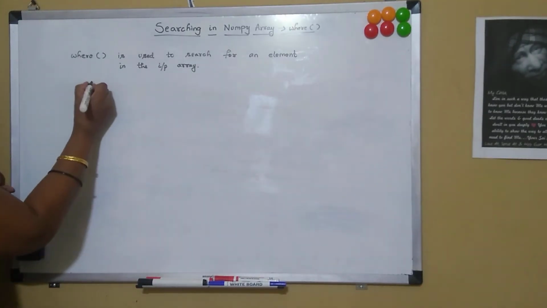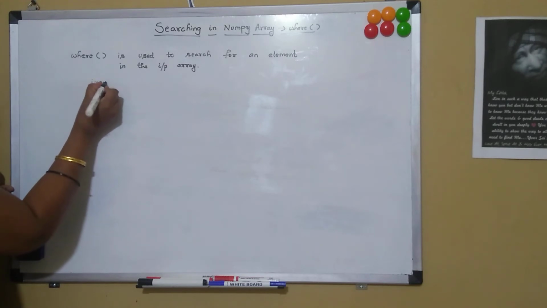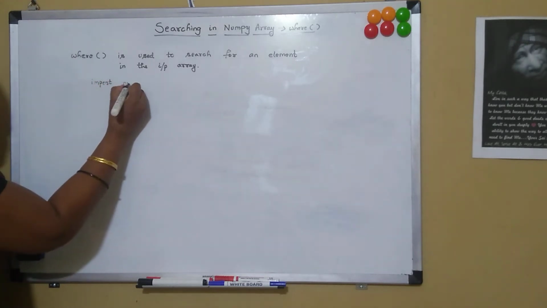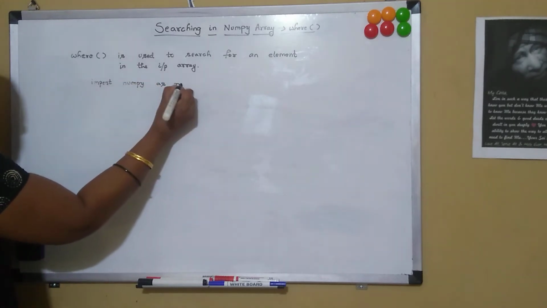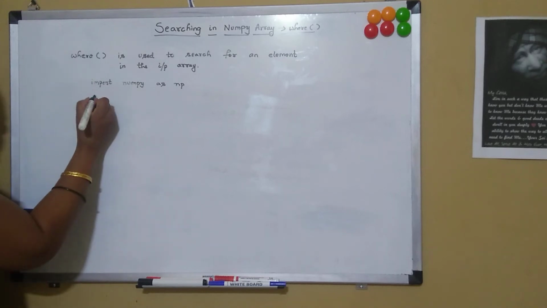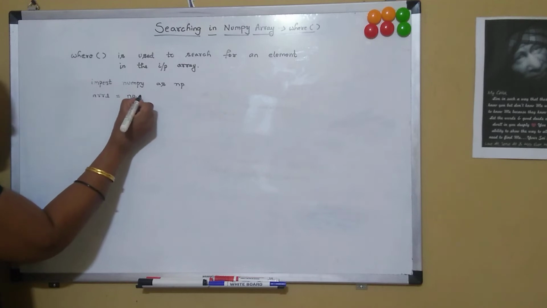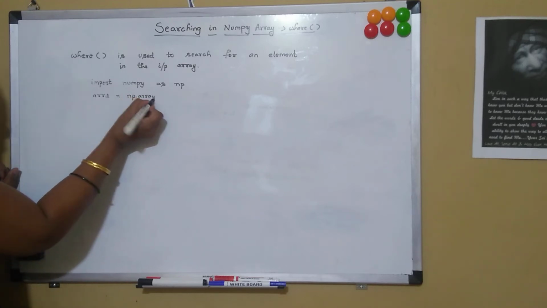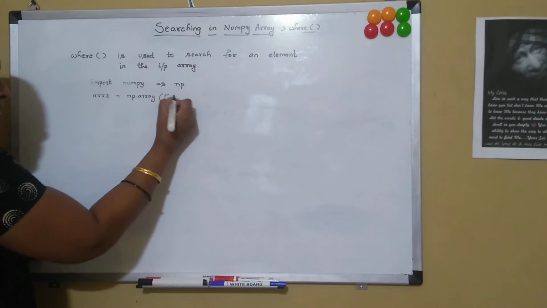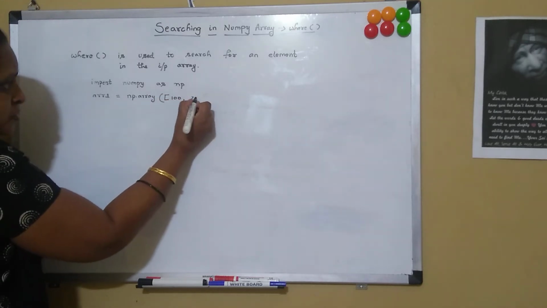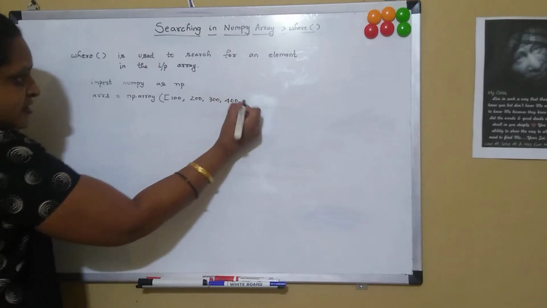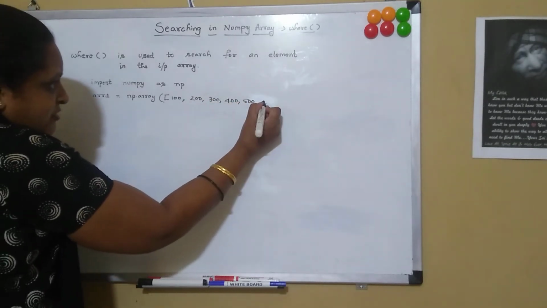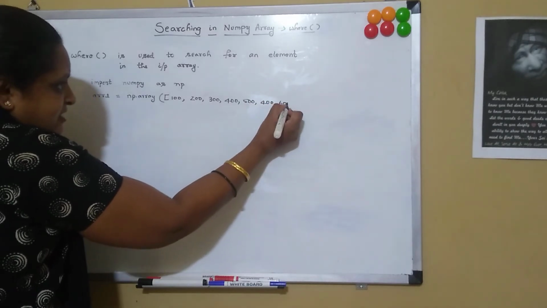So firstly, let me import numpy as np, and let me create my array called array1, which is equal to np.array of 100, 200, 300, 400, 500, again 400 and 600.